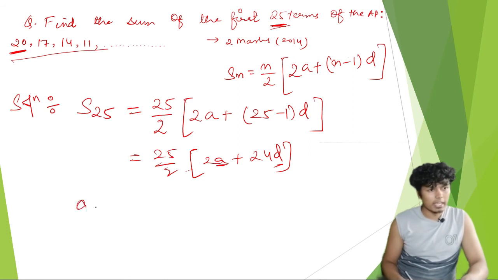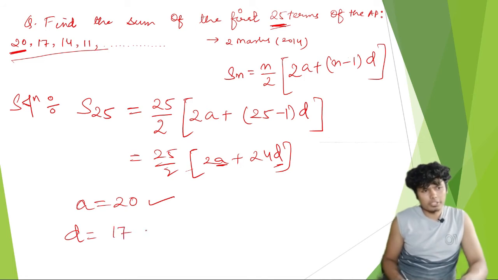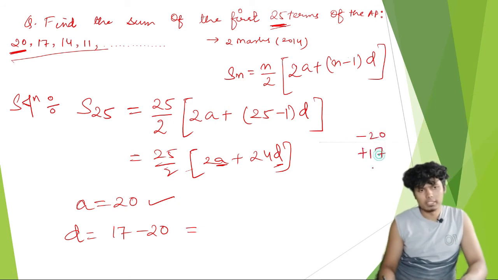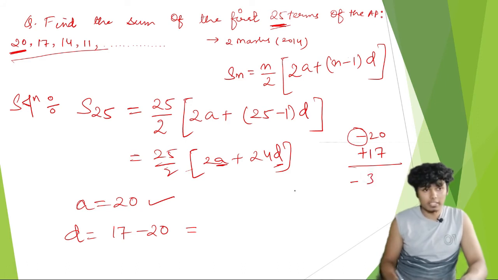So what is a? a is 20. Now d is the second term minus the first term: 17 minus 20. That will be minus 20 plus 17. So what will this be? Take the sign of the bigger number, and if they have opposite signs, subtract them. 20 minus 17 is 3, so minus 3.